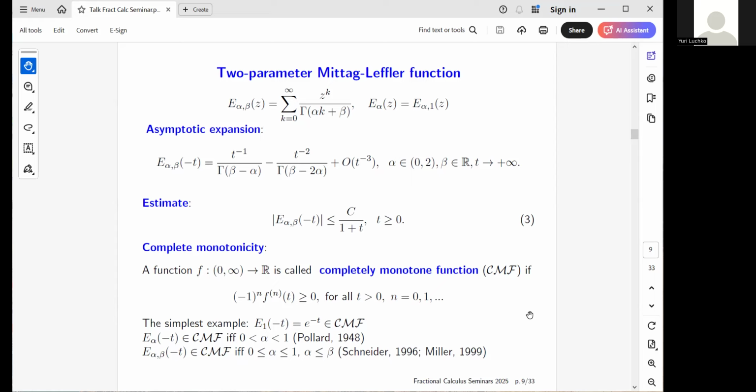I'm sorry, I cannot activate raising hand, but may I ask a question, please? Yes, of course. So, Emilia, thank you very much for your very nice, interesting presentation. And of course, the results are very important. In your talk, you focused on analytical properties of the multivariate Mittag-Leffler function. But what about numerical calculations?